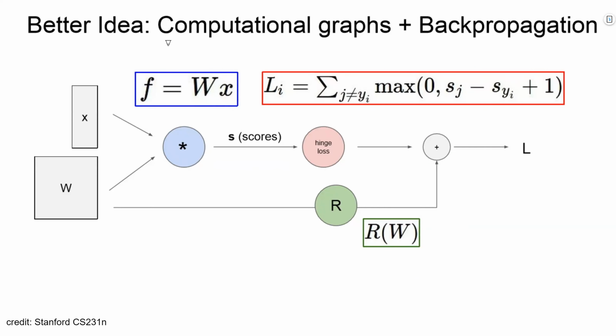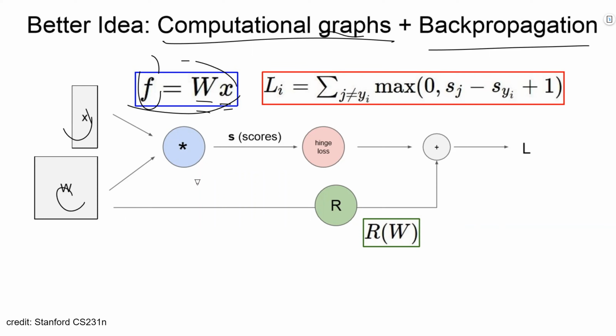A better idea to calculate the gradients is by introducing the concept of computational graphs and using backpropagation. And what is a computational graph? For example, let's say our output F is calculated by matrix multiplication between W and X. And we plot this computation process with graphs. Here, X and W are here, and they are multiplied.